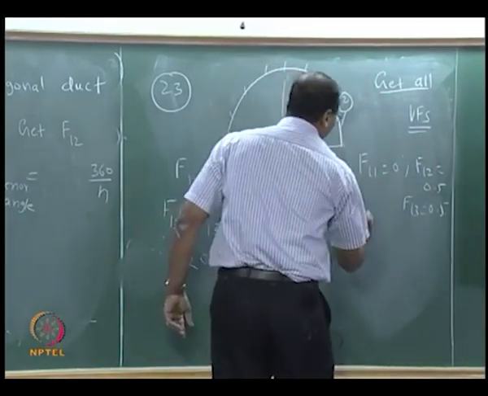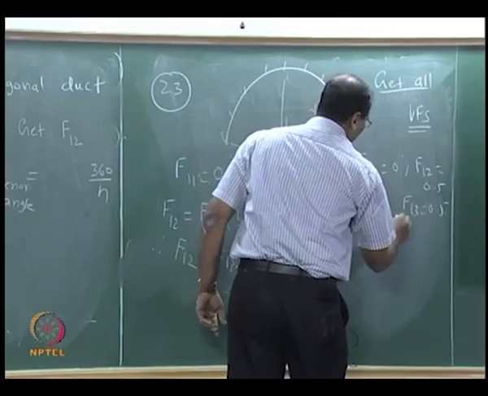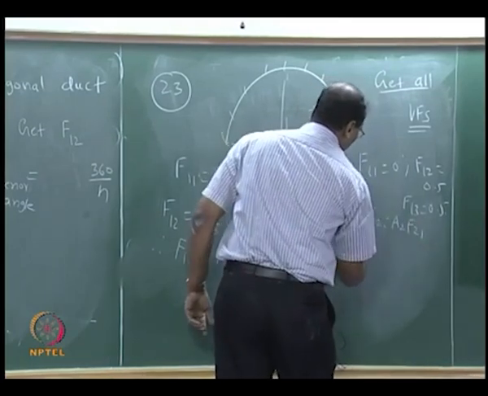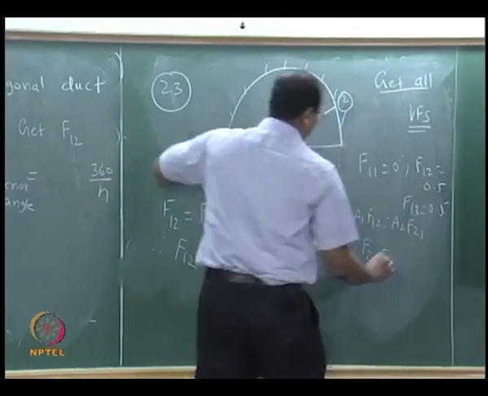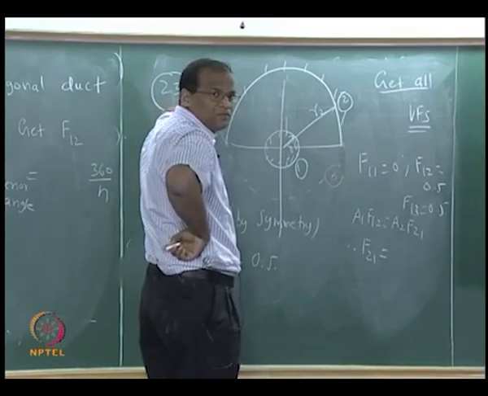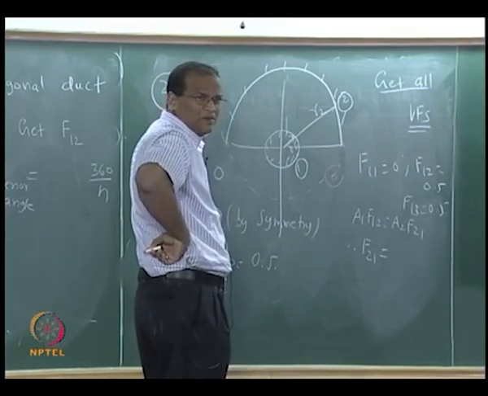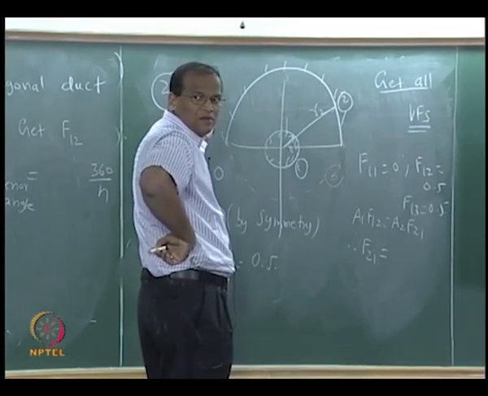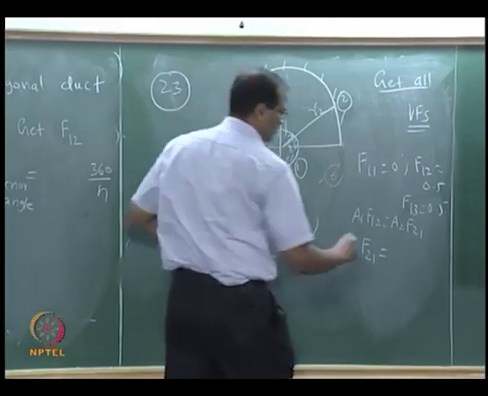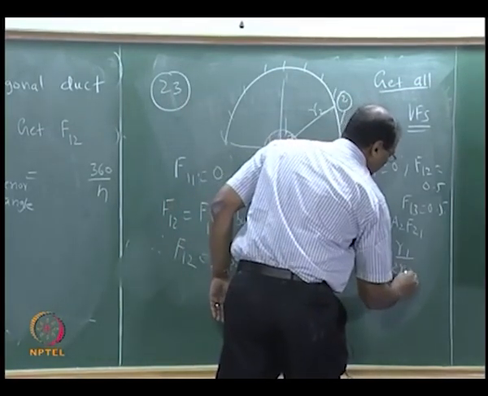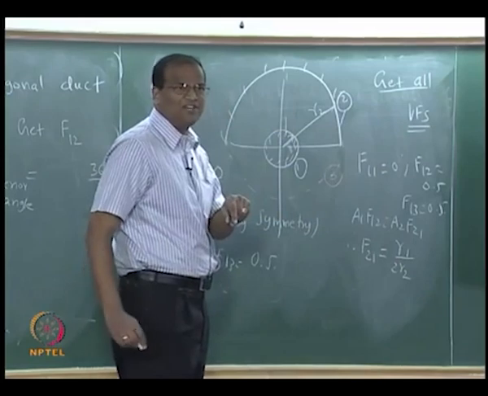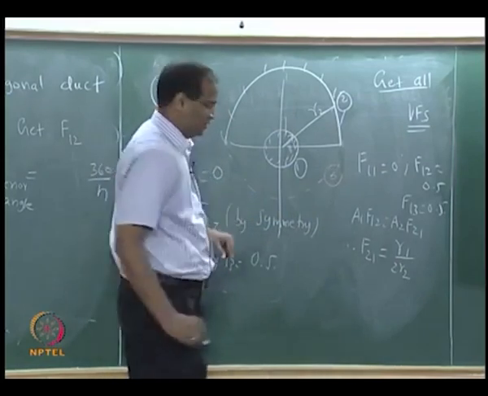Okay. A1 F12 equals A2 F21. Therefore F21 equals what is it? R1 by R2. Is F21 also the same as F31? Yes.